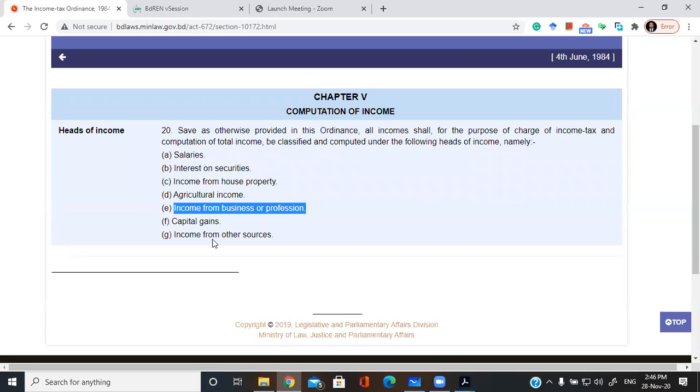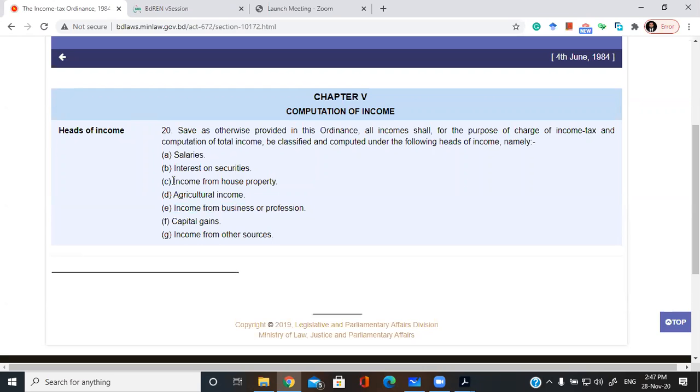But for our course purpose, I mean for our semester exam and for our module design, if you look at the course outline, you would probably see the income from house property, but we have decided not to cover it, rather spend more time on the business taxation and the company taxation, and we will also cover income from business or profession.